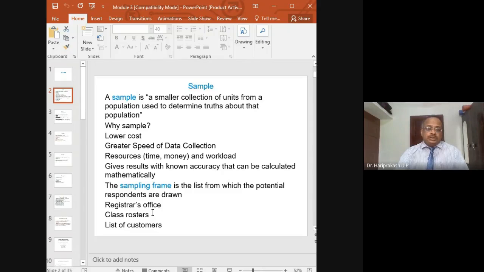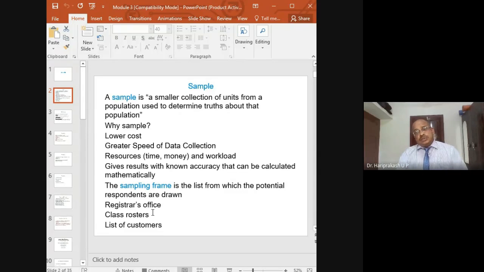So that is the reason why sampling is done. So greater speed of data collection. You are able to collect the data at a faster rate than collecting from the whole population. Resources, as I said already, the time and money factor you can save if you are going with the sample survey or collecting data from the sample. Gives results with known accuracy that can be calculated mathematically.